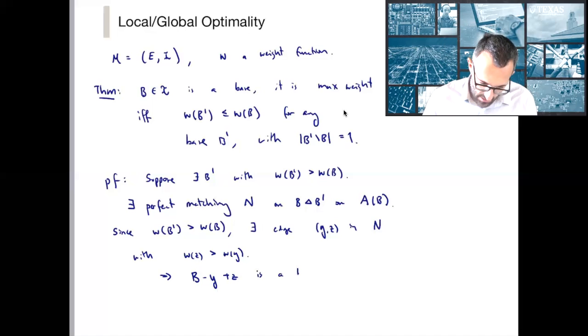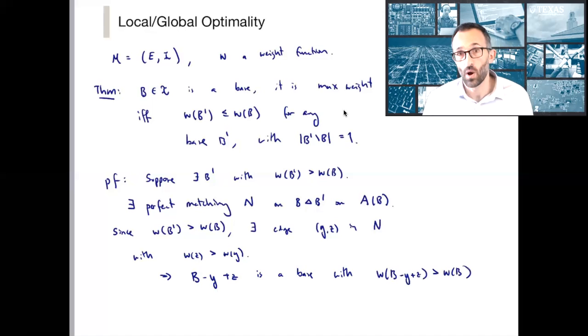So it's a base, and it has weight that is strictly bigger than B, while they differ by only one element. So this concludes the theorem. And again, it's a simple but very useful application of the last corollary in the previous lecture that tells us about this existence of a matching.